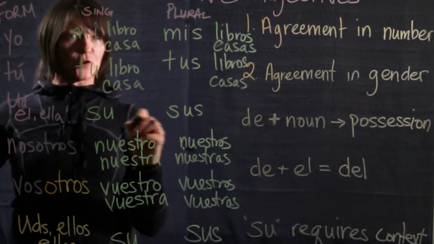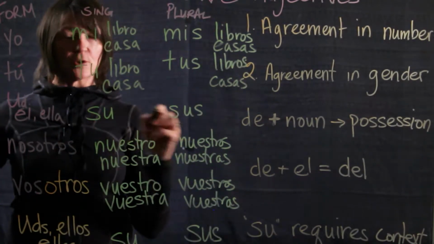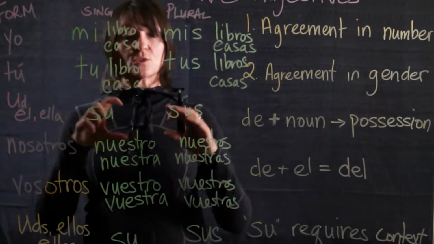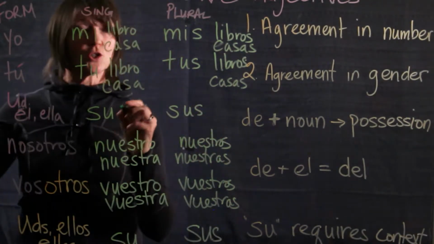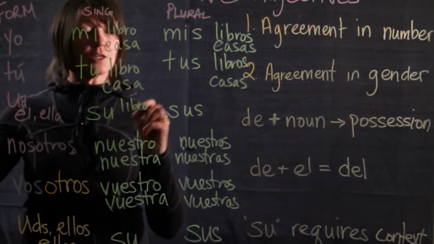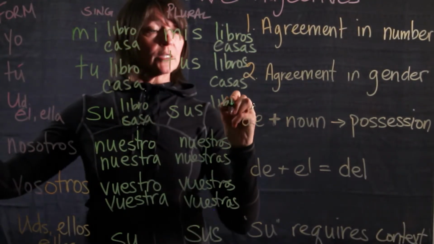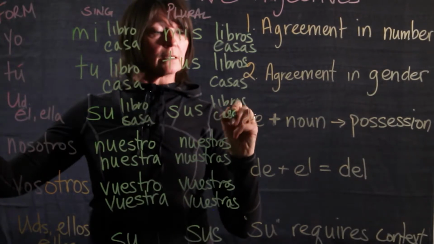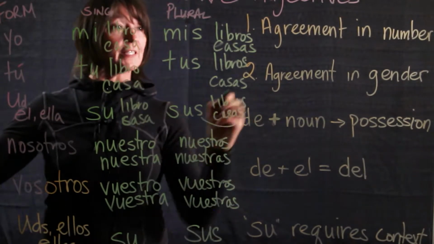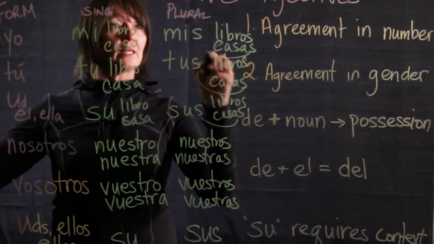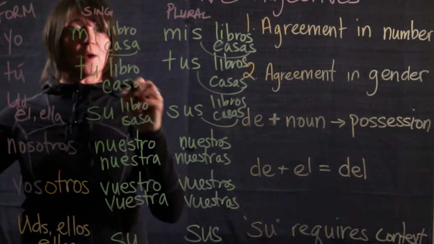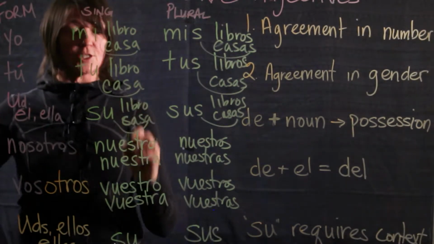Okay, same here. Your, usted, ella, his or her. So here, su and sus have a lot of meanings. Su libro, su casa. Sus libros, sus casas. So again, we have this agreement in number here. These are singular, so no S in that adjective.